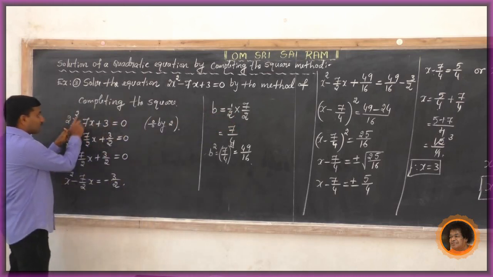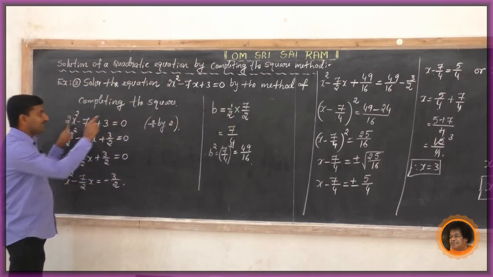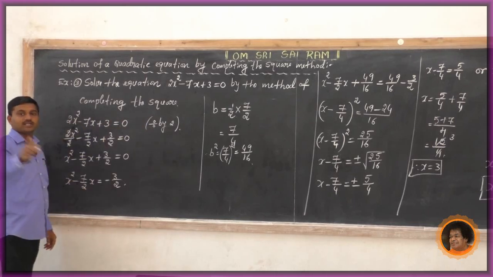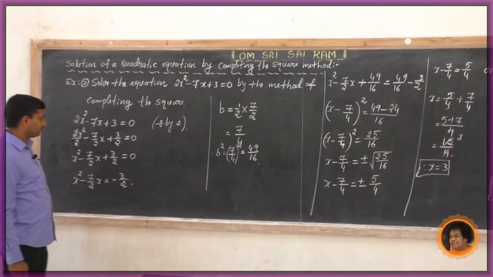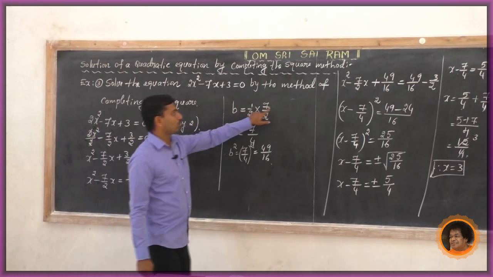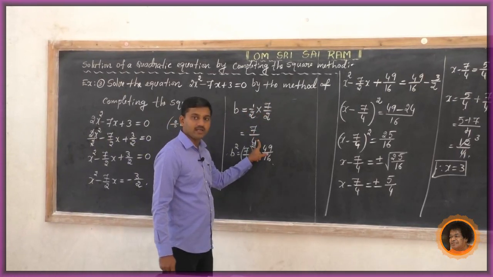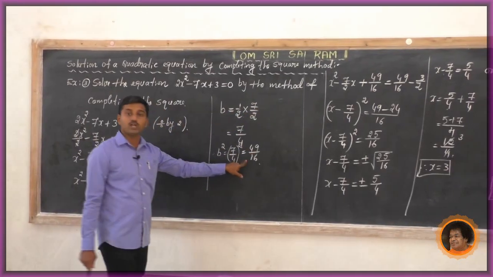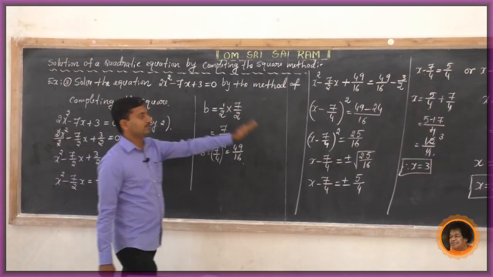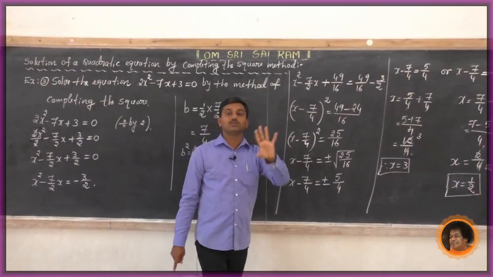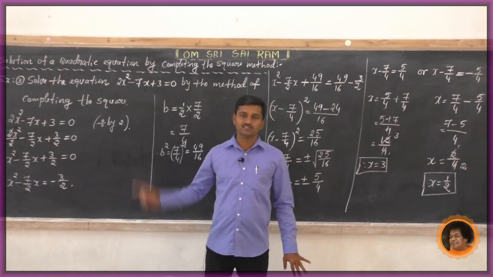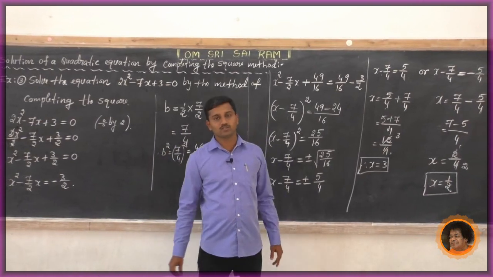If the coefficient of x square is not equal to 1, then divide the whole equation throughout by the coefficient of x square. Next, take half the coefficient of x, then square it, then add the value of b square to both the sides, then solve the equation. So we get the two roots of the quadratic equation. So this method is known as the completing the square method.